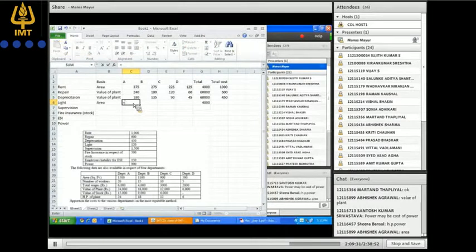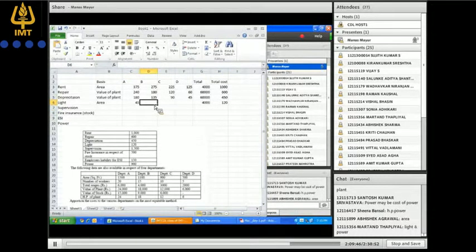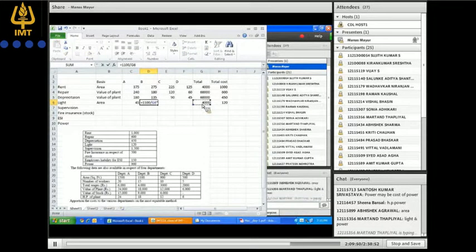So area wise, department A, it's 1500 divided by the total multiplied by the light cost, which is 120. So total light cost is actually 120. Now for B, it is 1100 divided by the total multiplied by the total cost of light.